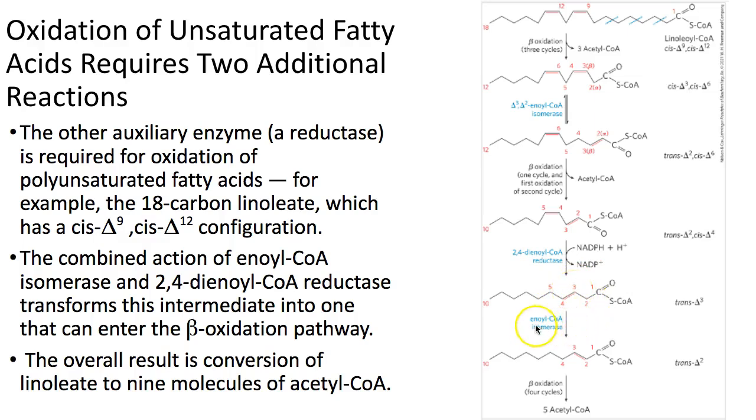So it goes through the isomerase again to make sure that the alpha and the beta carbon has that double bond, and then goes through the regular oxidation of the fatty acid.